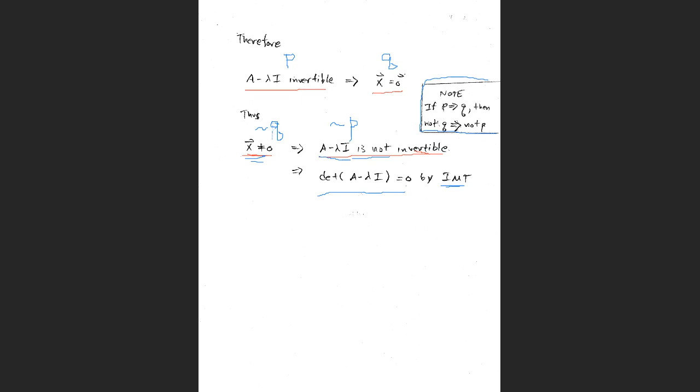Think back to your textbook. Invertible matrix theorem. That's right, Solomon. And so now we've proven that we need to solve this characteristic equation. If we can solve that characteristic equation and find lambda values, they will be our eigenvalues. And once we have the eigenvalues, we can go after the eigenvectors. Okay?